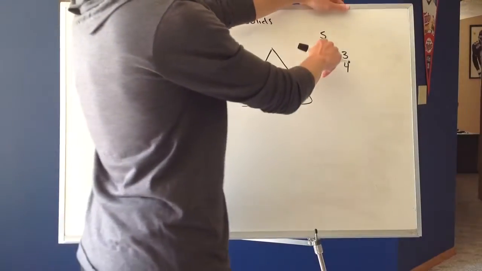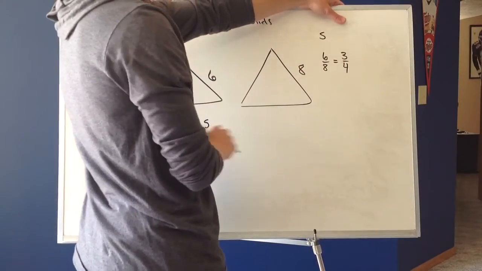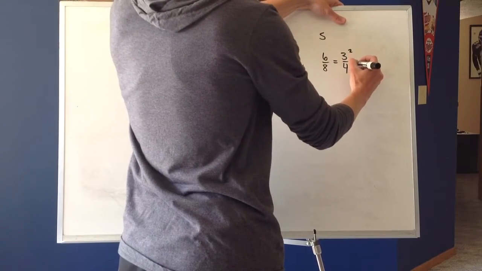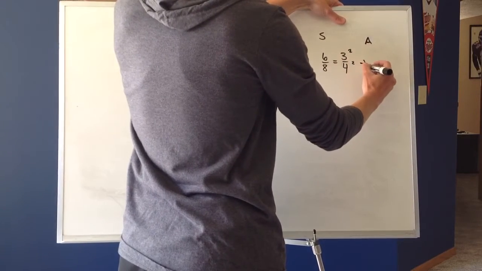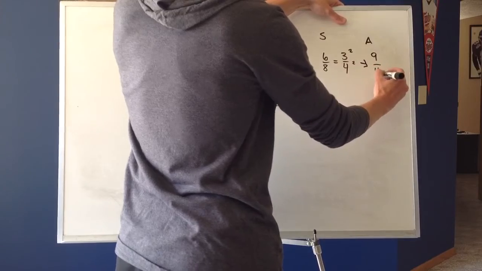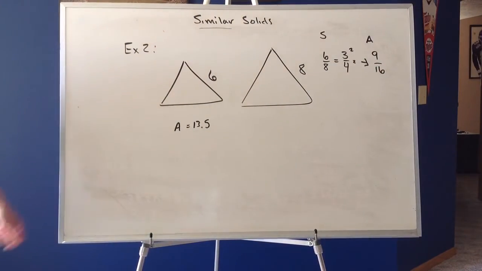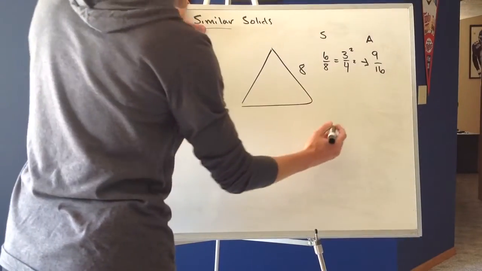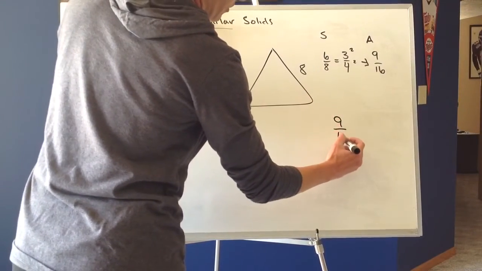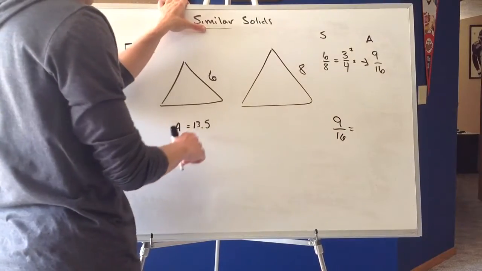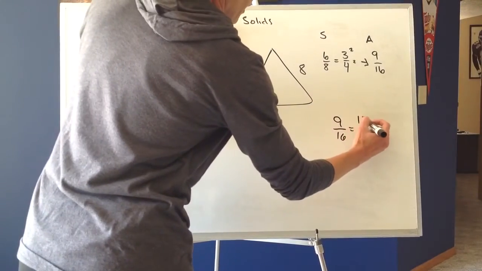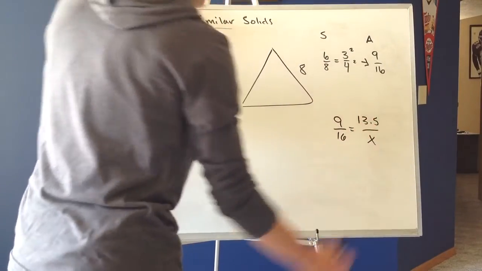So now the sides are one-dimensional, area is two-dimensional. So I need to square each of these to end up getting 9 over 16. Now I'm dealing in two dimensions. Okay, so that means the 9 over 16 is the one I have to use. And that will equal our 13.5 over x.